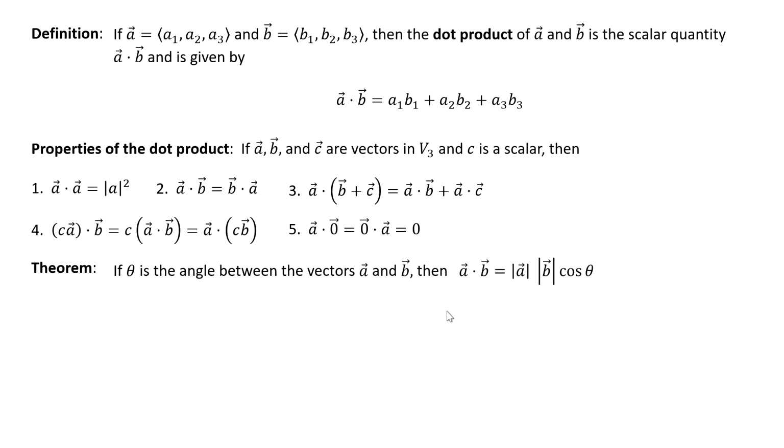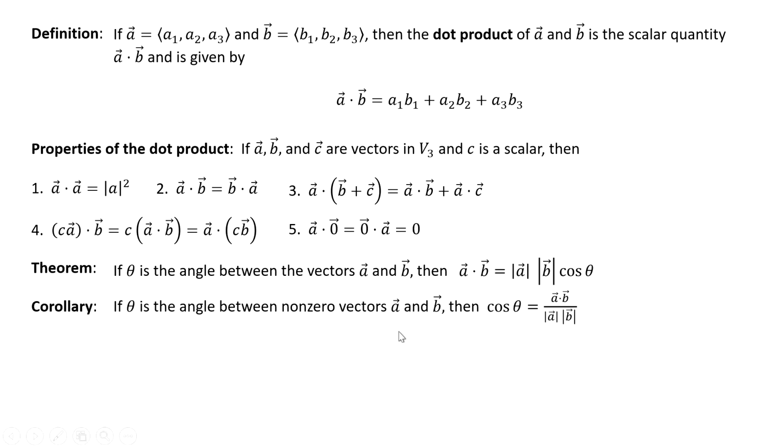Okay. All right. Next, a corollary of this theorem: if theta is the angle between non-zero vectors A and B, then cosine theta is simply A dot B over magnitude of A times magnitude of B. That should be obvious, right? We are just taking this equation and dividing both sides by magnitude of A times magnitude of B, and that's how we get this cosine theta.